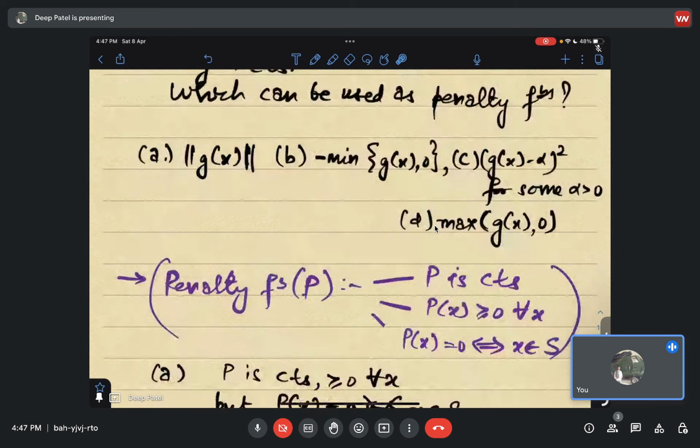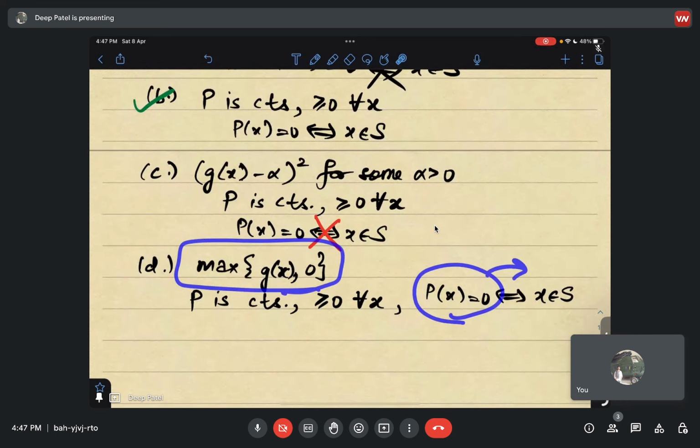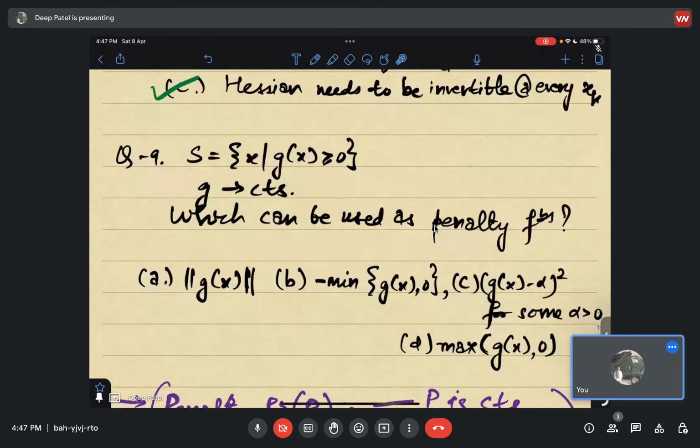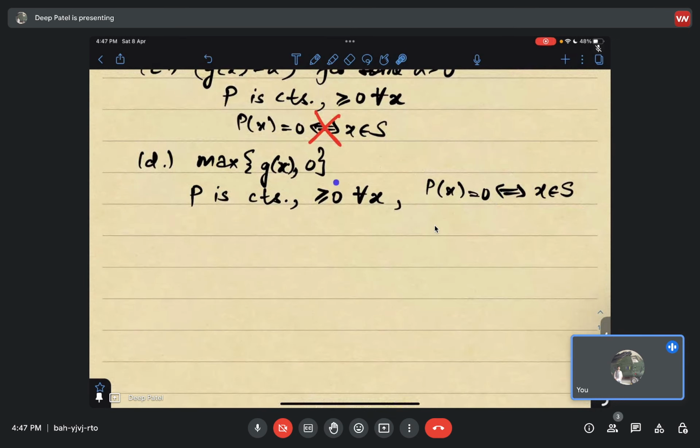Which way did we go right now? We said if this is 0, then it belongs to the feasible set. But what about x belongs to S? Let's say x belongs to S, and let's say g of x is not 0. Then this is not 0, so this is again not true.